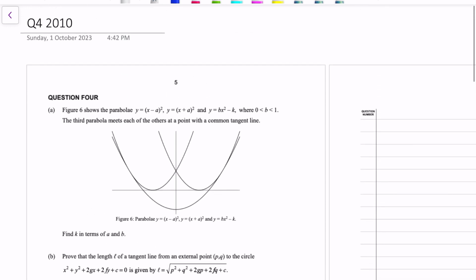Okay, part A. We've got these parabolas, (x minus a) squared and (x plus a) squared, and we're told that b is a number between 0 and 1, but we're not told whether a is positive or negative.